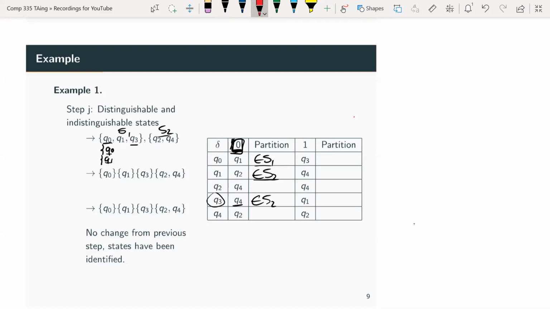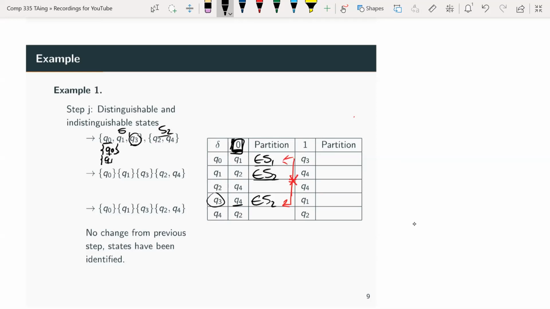So for Q0 and Q3, I immediately know that these two are going to be distinguishable, because the partitions they reach when they see a 0 are different, okay? So I already know that Q3 is not going to go with Q0. So essentially what I can do is close the partition for Q0, because no other state can go with Q0.